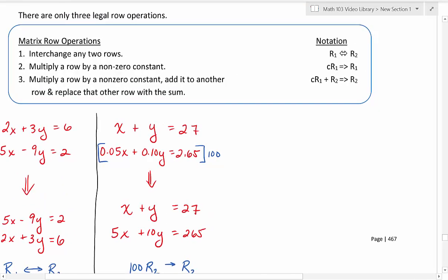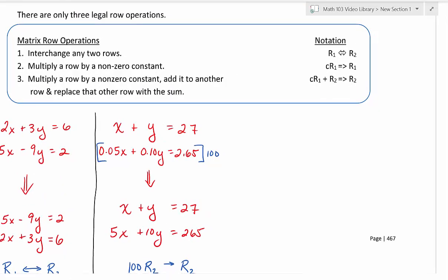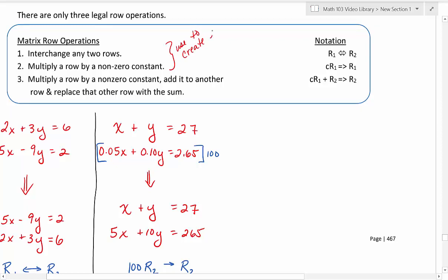These first two row operations are the ones that we use most of the time. These first two row operations we're going to use to create leading ones. Our third row operation, well, this is the one we use to create zeros.